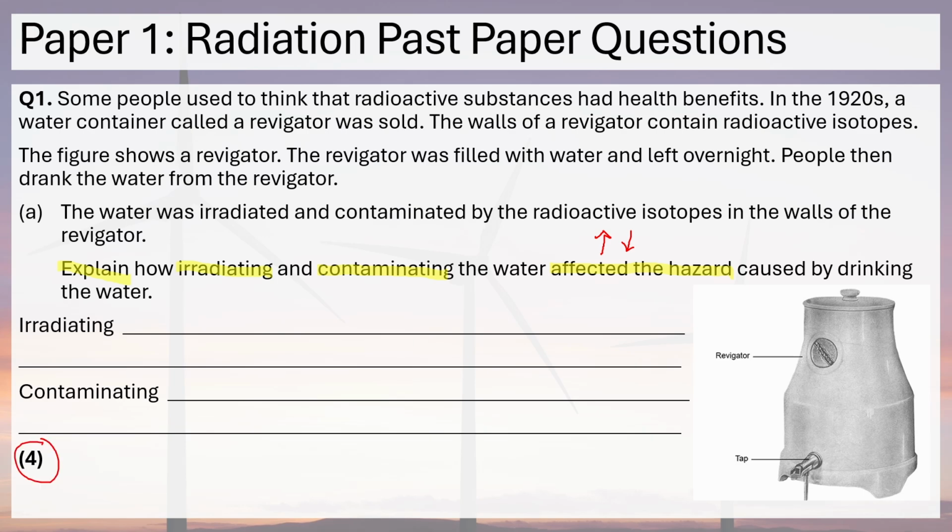Now there's 4 marks. I'm already directed to look for irradiation and contamination, so let's put 2 bullet points down for each, and then I need to fill in the information.